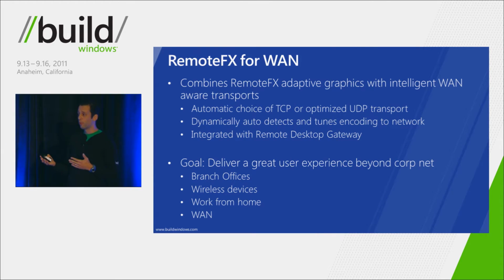And then another important point is all of these technologies are available and integrated into the next version of Remote Desktop Gateway. And so if you're at home and you're connecting to your corporation, the latest generation Remote Desktop Gateway will let you send that UDP traffic across the internet where it's most needed to overcome latency and packet losses and things like that. And then at the gateway site, we'll receive that UDP traffic and do the right thing in terms of getting the traffic into the corporation.